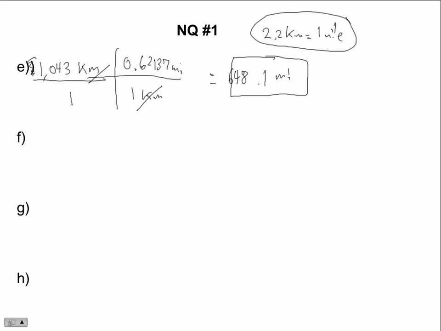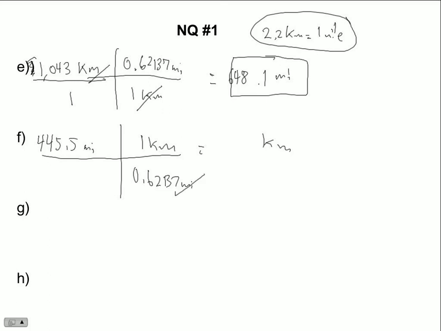Go on to F here. They're saying 445.5. I guess that's miles. And they're asking us to convert that over to kilometers. So again, reversing the conversion factor, 0.62137 miles in every 1 kilometer.